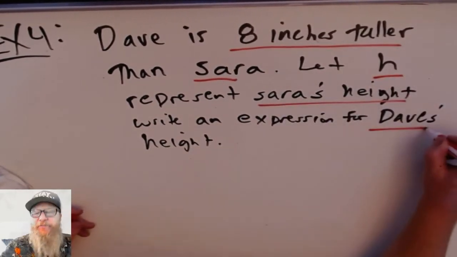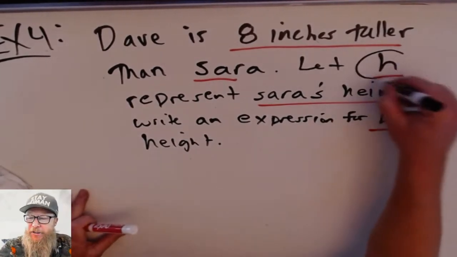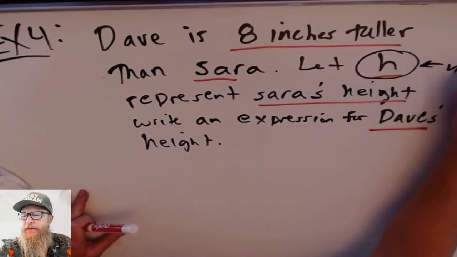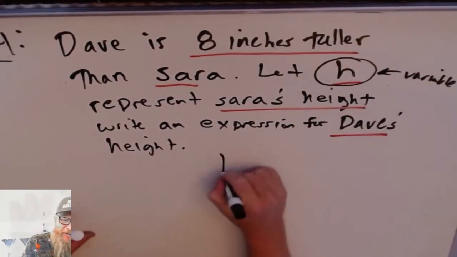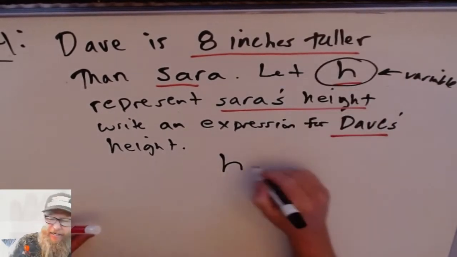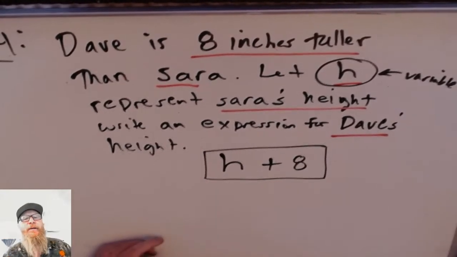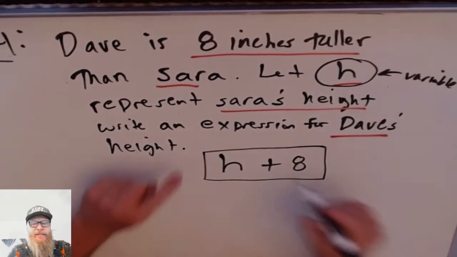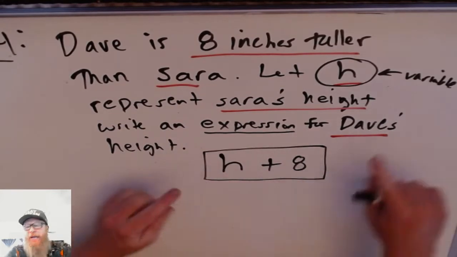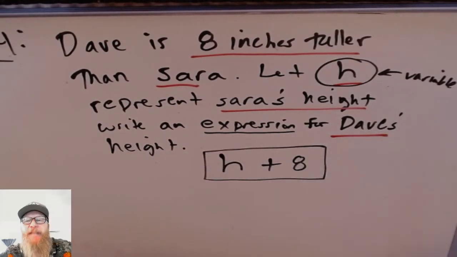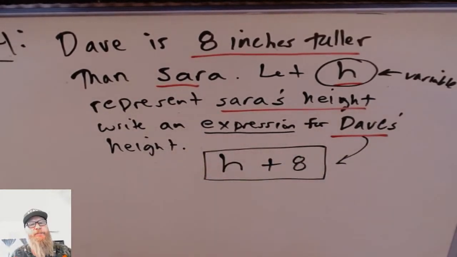Find an expression for Dave's height. So H is our variable. Since it told me to use H, I'm just going to use H. And then 8 inches taller would be H plus 8. Since it says expression, we're not going to put an equal sign. And we're not using a variable for Dave. This represents Dave's height.